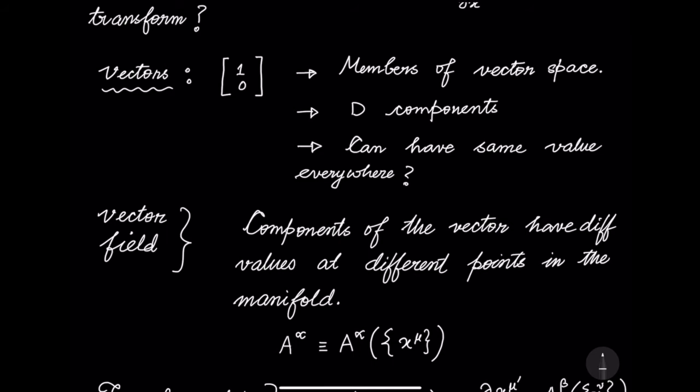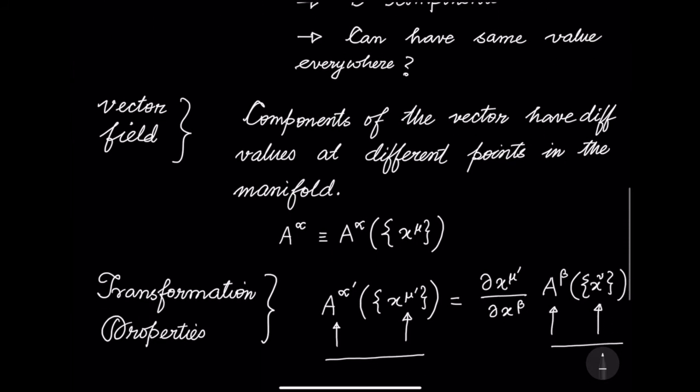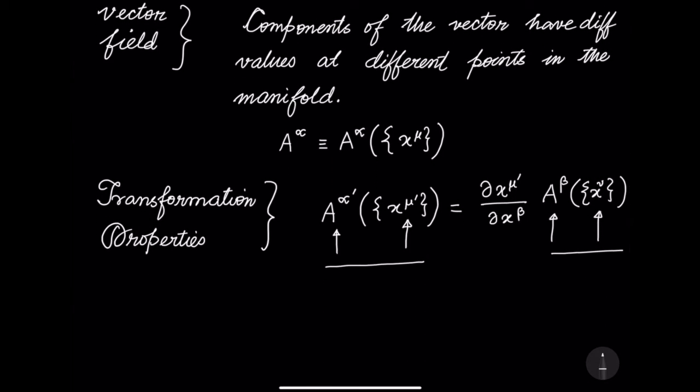Like I cannot define a dot product between a one form and a vector unless I define a metric and map the one form to a vector, and then define the dot product between two vectors. That is possible, but for one form and vector, I cannot directly define a dot product. But the one forms will also have one form fields, and they will have transformation properties, which require the inverse transformation matrix, if you remember. So the same pattern will continue for tensors of higher ranks also. We have discussed those at length, so we'll not go into that.